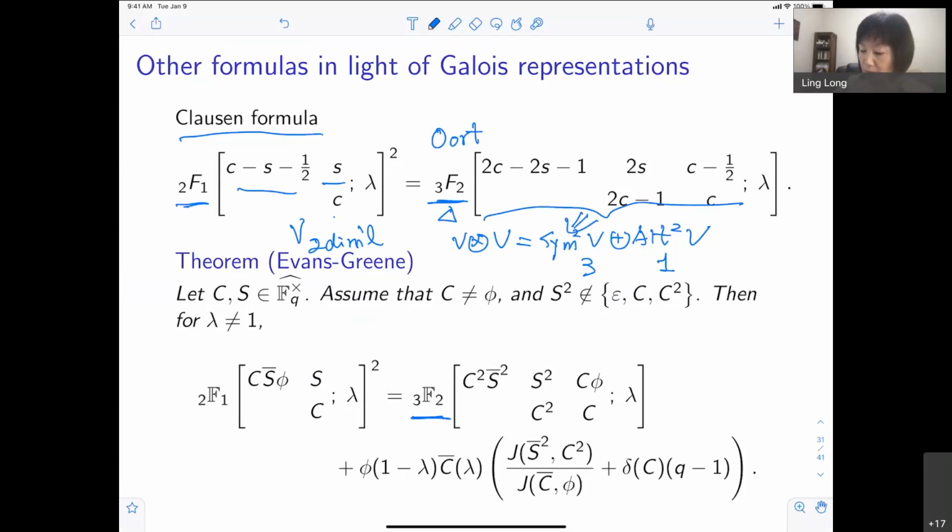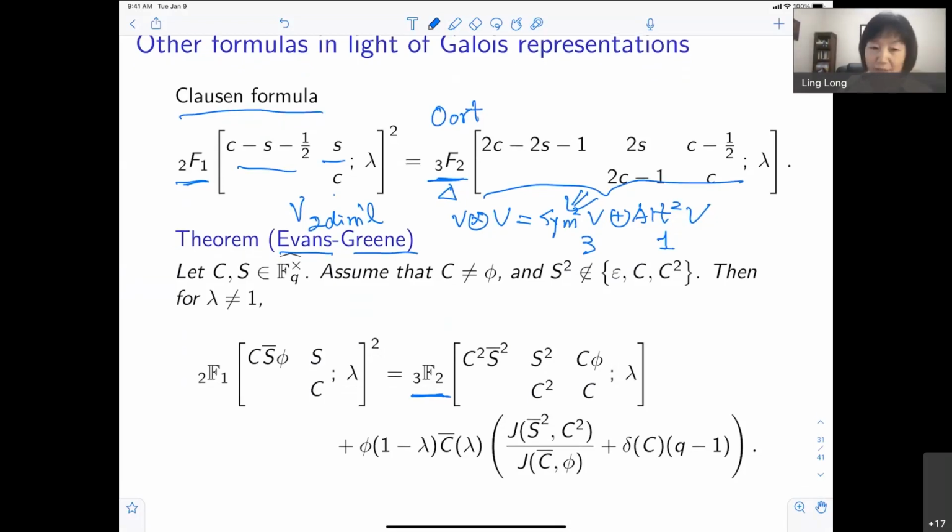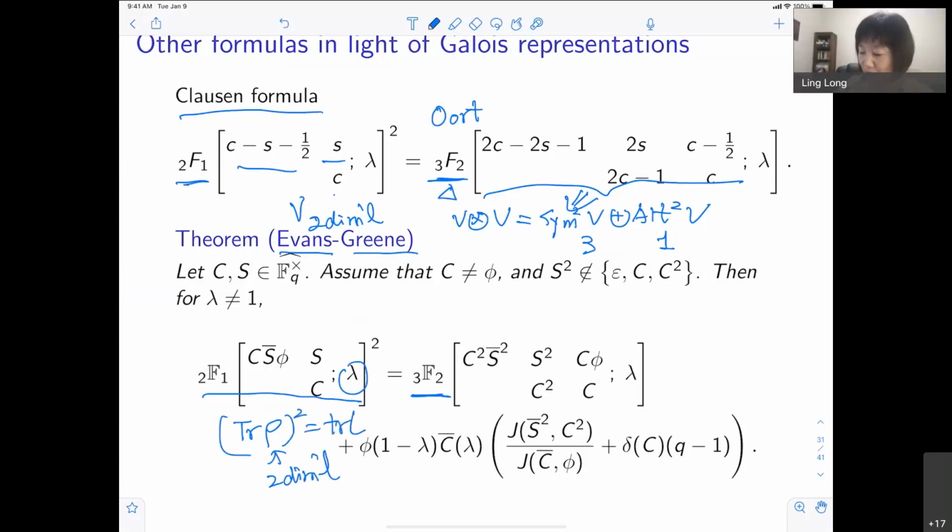Ron Evans and John Greene gave the finite field analog purely in terms of character sums. And it actually explains things in exactly the same flavor, because what we consider here, the left-hand side, is the trace of a two-dimensional representation for generic lambda. Now trace squared means I'm computing the trace of the tensor product.